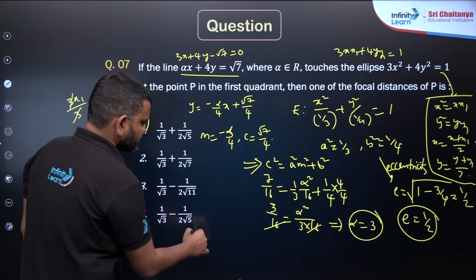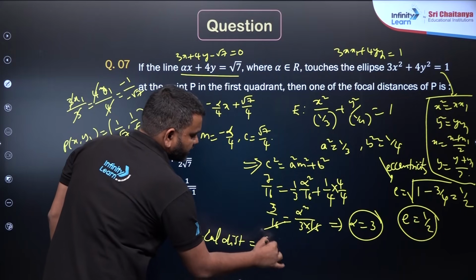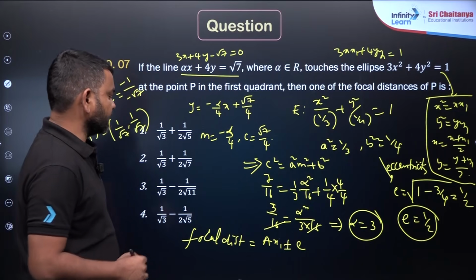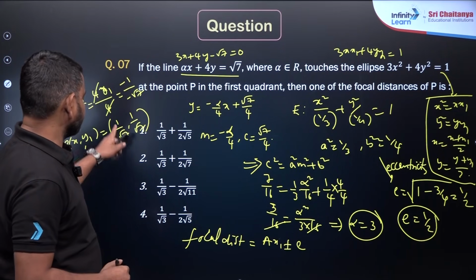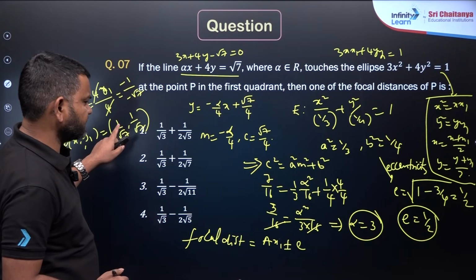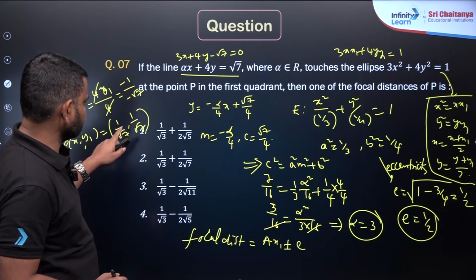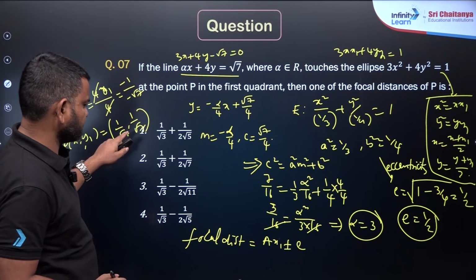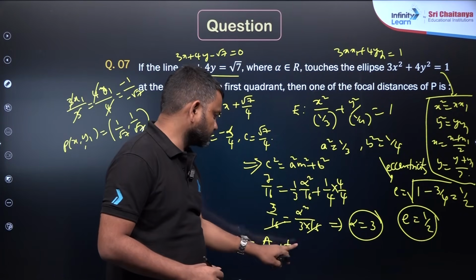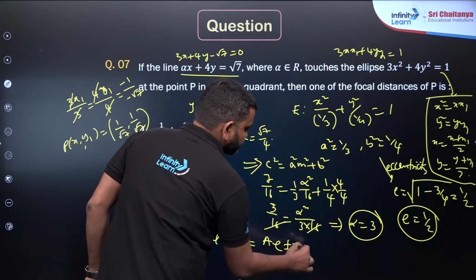Focal distances. So focal distances is going to be what? A into x1 plus or minus E. Sorry, AE plus or minus x1.